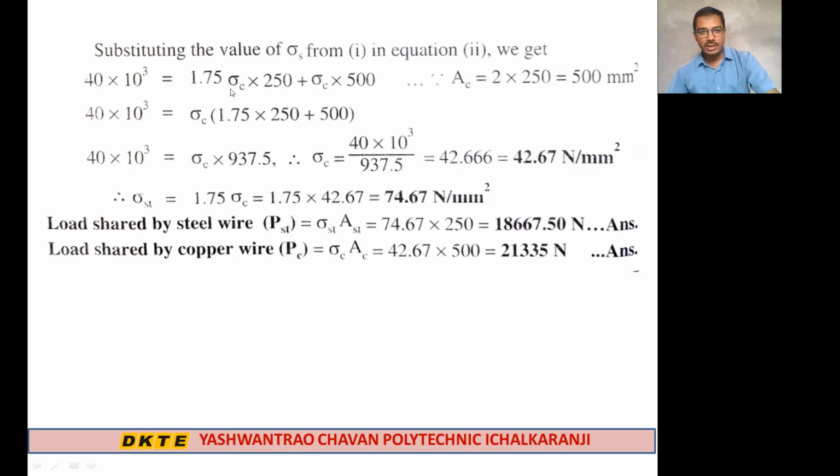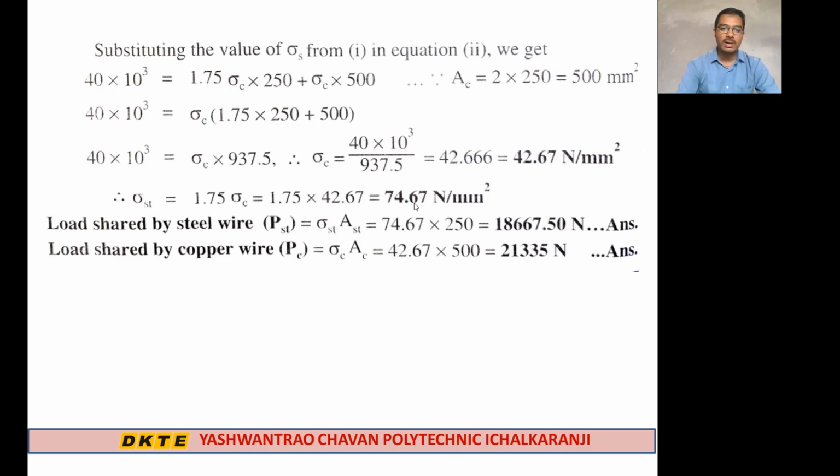Again sigma C is common and the value of sigma C is equal to 42.67 Newton per millimeter square. Therefore stress in steel is equal to 1.75 times copper, that is 74.67 Newton per millimeter square.